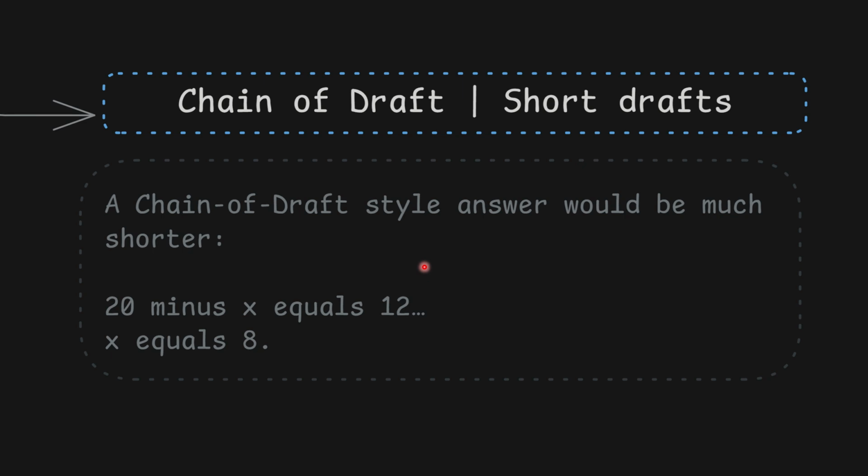Let us take a simple example. Jason had 20 lollies. Now he has 12. How many did he give away? A chain of thought style answer might say Jason started with 20 lollies and all the reasoning behind it. A chain of draft style answer would be much shorter. 20 minus x equals 12, x equals 8. Same logic, fewer words.